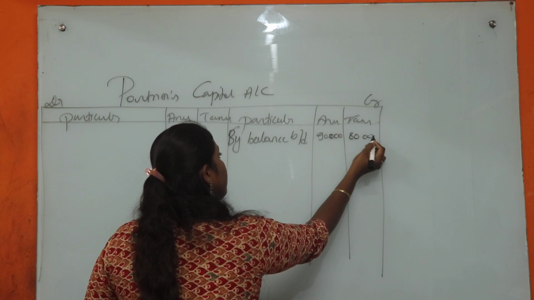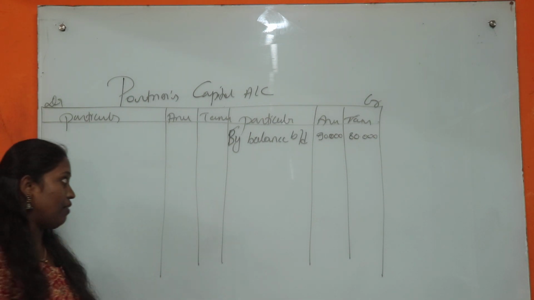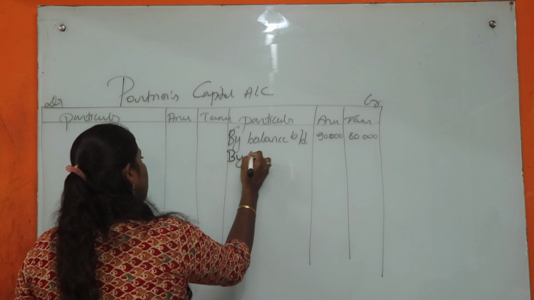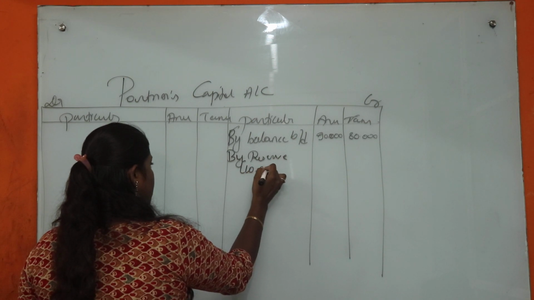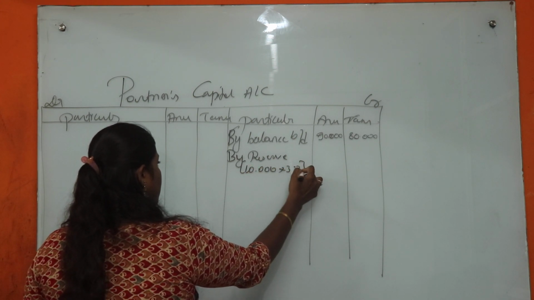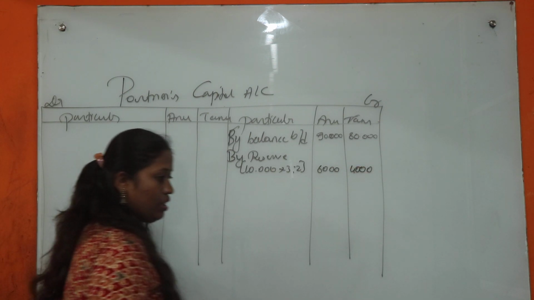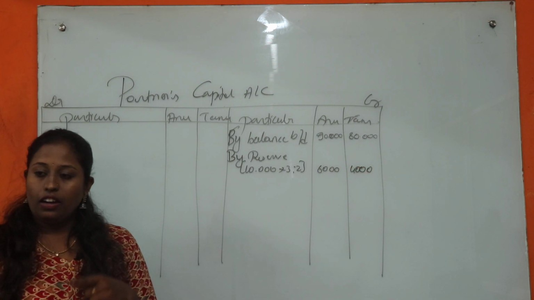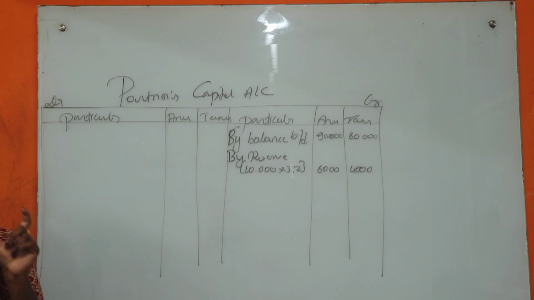Check in the same balance sheet, do we have any reserve or any profit and loss account? We have a reserve. So, by reserve, how much is the reserve? 10,000, which is distributed in 3:2 ratio, where each is going to get 6,000 and 4,000. Is there any profit and loss account? If the profit and loss account is on the liability side, it means profit.